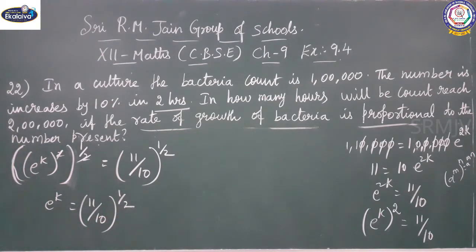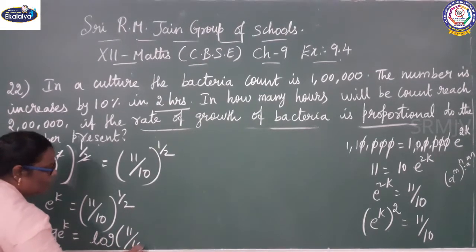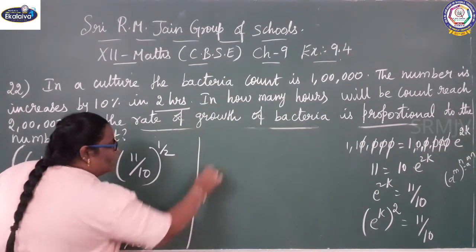I want the value of k alone. So taking log on both sides, log of 11 by 10 whole power 1 by 2. Log e value is 1. So what is the value of k?